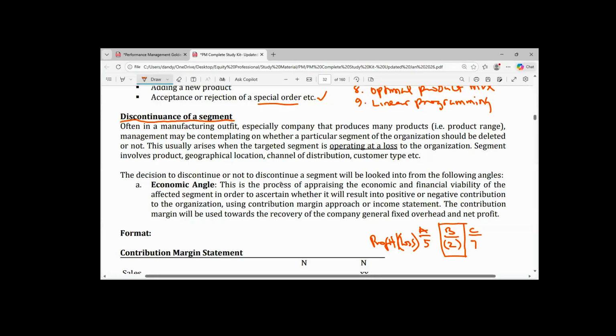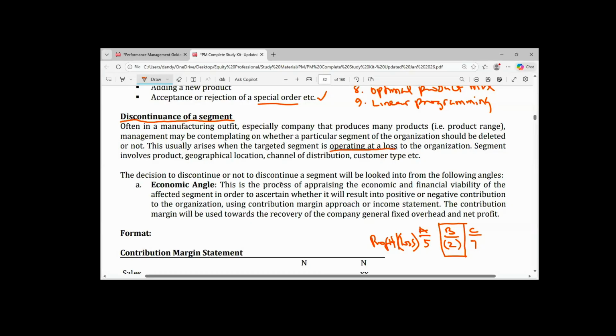This usually arises when the segment is operating at a loss. The only reason that makes management contemplate discontinuing a particular segment is because the segment is operating at a loss. That is the main reason.